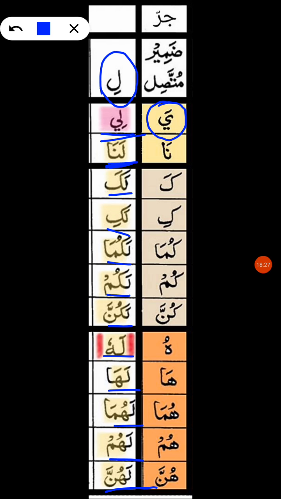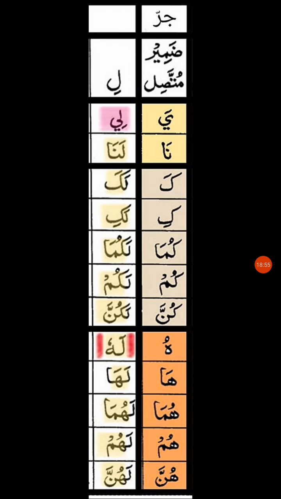Why? Because it is easier to say lana than lina, laka instead of lika, or liki or likuma. It's not too easy, right? So that's the reason this lam bears a fatha instead of a kasra. In the remaining pronoun jar majrur fragments with ya mutakallim, it remains in its default state, li. So this is what you need to know.